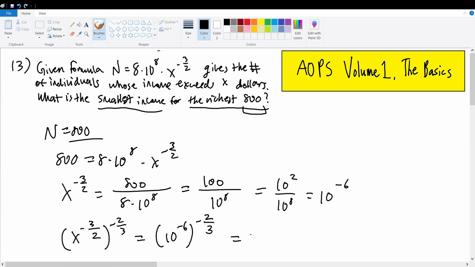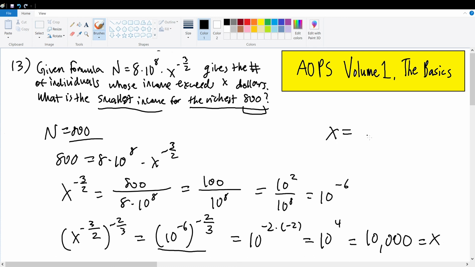And we can simplify this term to be equal to 10 to the negative 2 times negative 2, which is equal to 10 to the fourth, which is equal to 10,000, which is also equal to x, meaning that the least income for these 800 people will be $10,000, the answer to our problem.